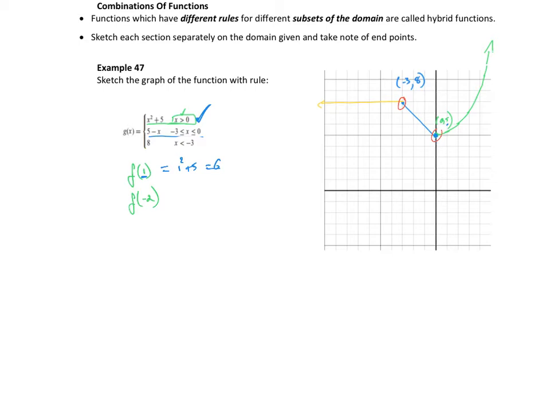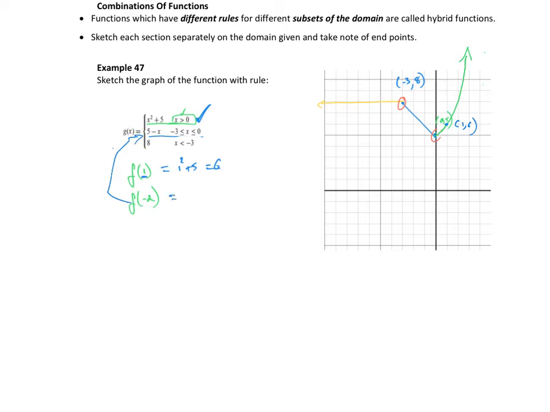So this quadratic actually increases a bit more steeply, and goes through the point 1, 6. As opposed to f of -2, which domain does -2 fit into? Well, it's fitting into the second function.